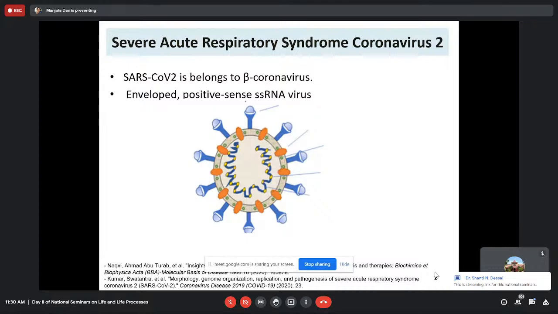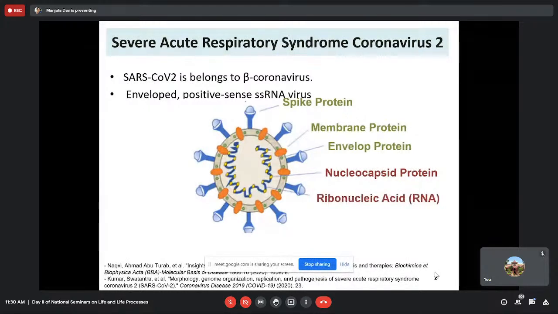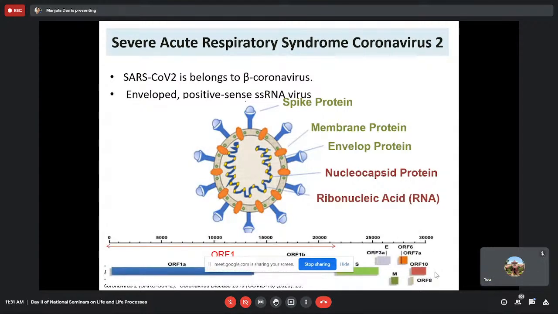The virus is characterized by its 4 structural proteins: the nucleocapsid protein, the envelope protein, the membrane protein, and the spike protein. The viral genome consists of 26 to 32 kilobase pairs with 6 to 11 ORFs.